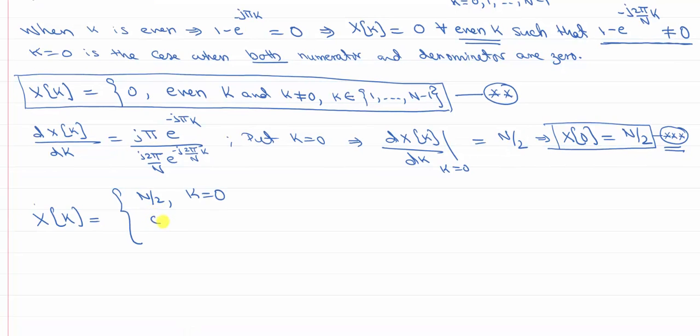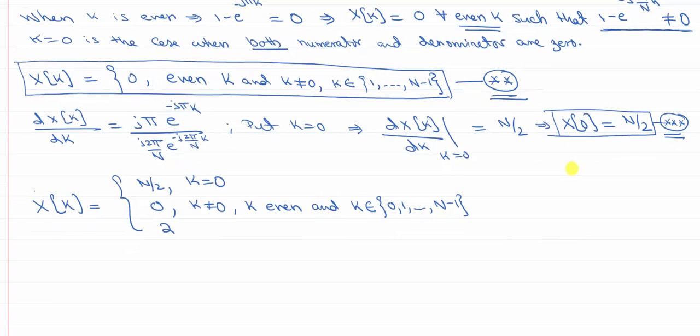It is equal to 0 for k not equal to 0, k even, and k between 0 and n minus 1, and then it is going to be equal to 2 divided by 1 minus e to the minus j 2 pi over n times k for k odd. So this even part is due to this double star equation. So that is my solution.